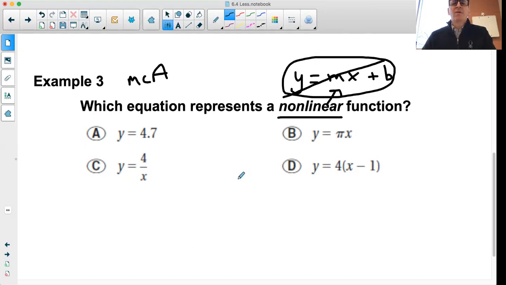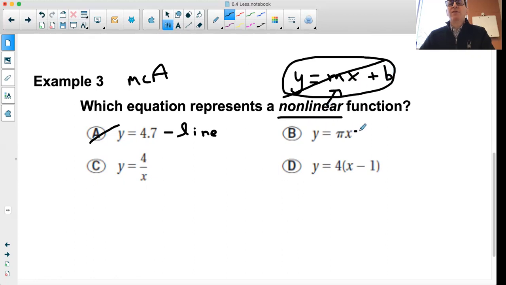All right, so if you look at these, letter A is a straight line at y is equal to 4.7. So this is just a line. For any x, your y is going to be 4.7. So that doesn't qualify. I'm going to skip C for now and go to B and D. B, you've got the slope of pi times x and the b is 0.